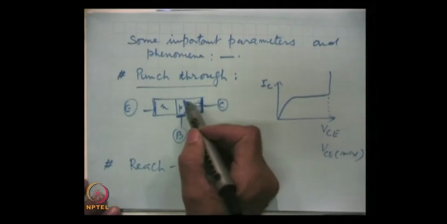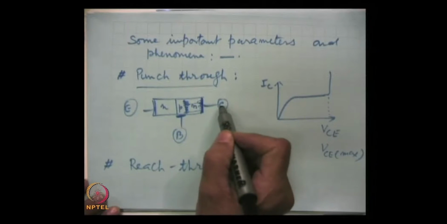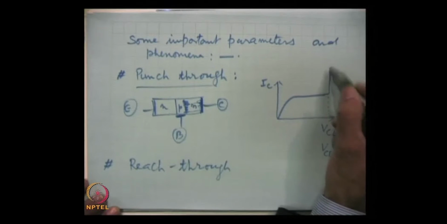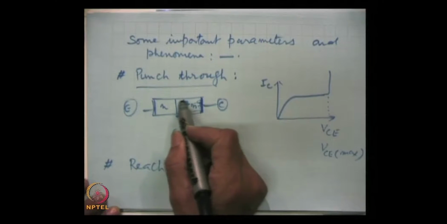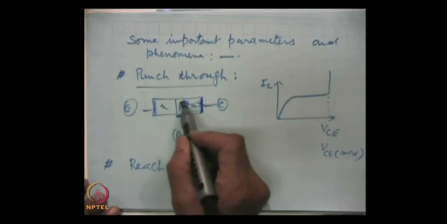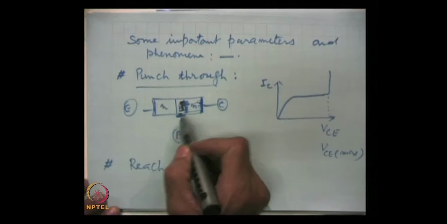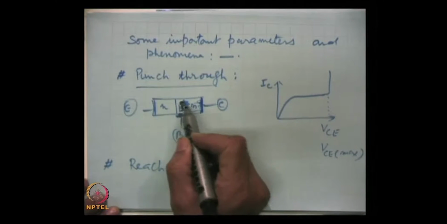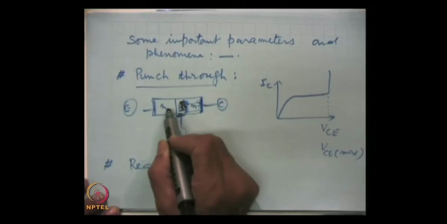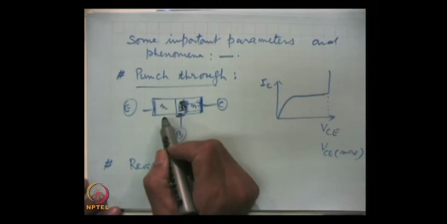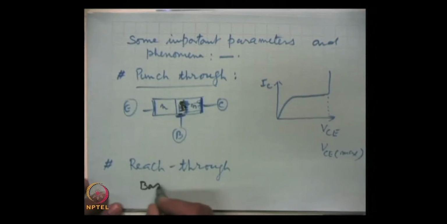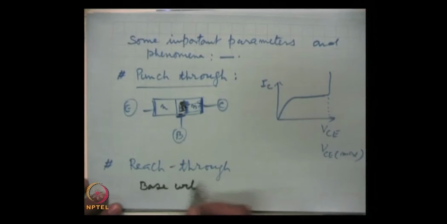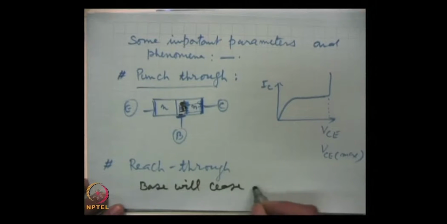So, when this voltage is not large enough yet, but is still large enough that the depletion region penetrates and almost touches the emitter region, that means the base will cease to exist.